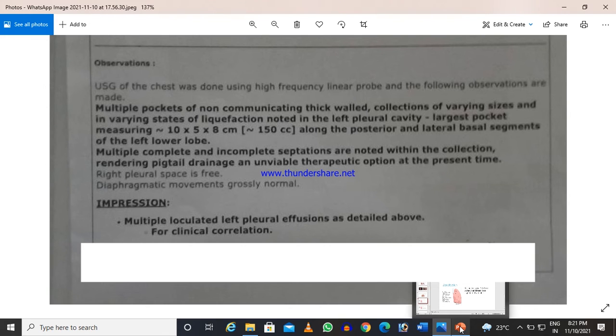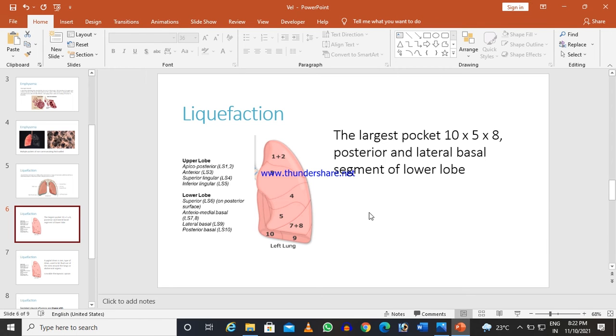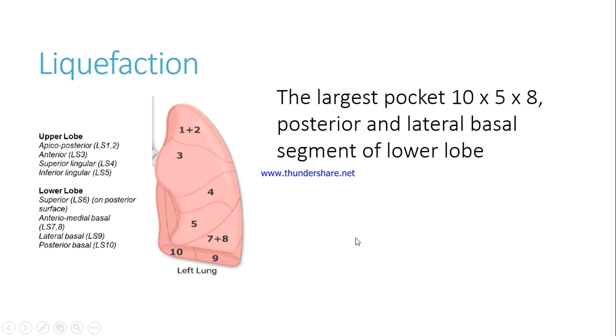That much size of pocket, the largest pocket, was observed in the posterior and the lateral basal segment of the lower lobe. So where is it, basically?